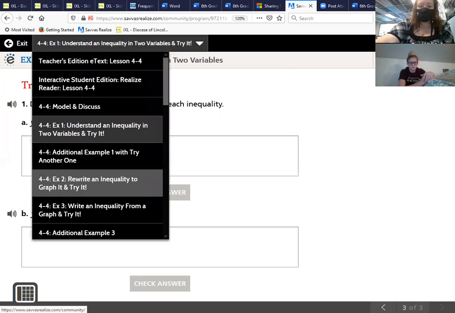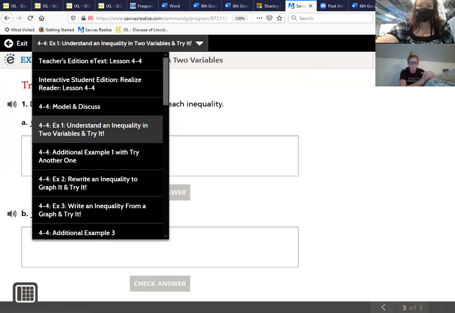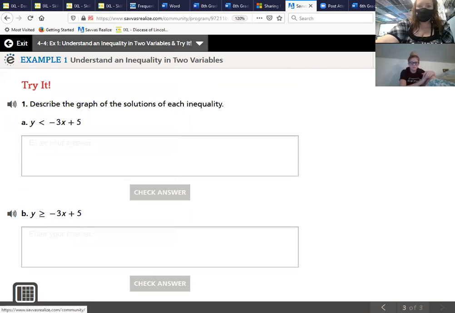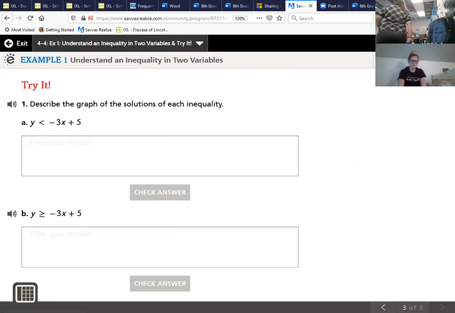Okay, let's say you weren't sure where to shade. Let's use the top one as an example.